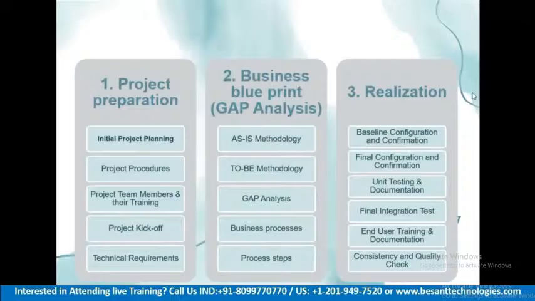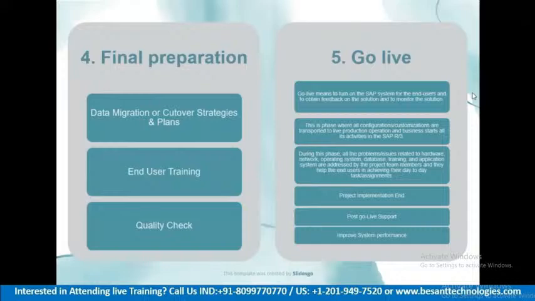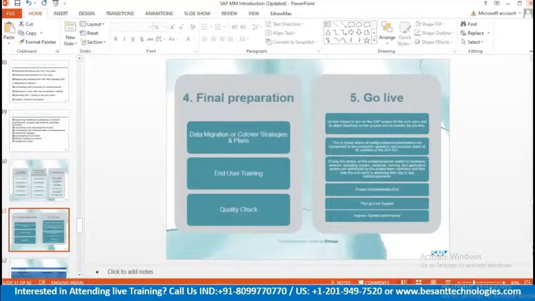Here we have 5 phases: project preparation, business blueprint, realization, final preparation, go live. These are the 5 phases. In the new methodology, we have more or less similar kinds of phases, but the names and the operation style are different. It's changed.